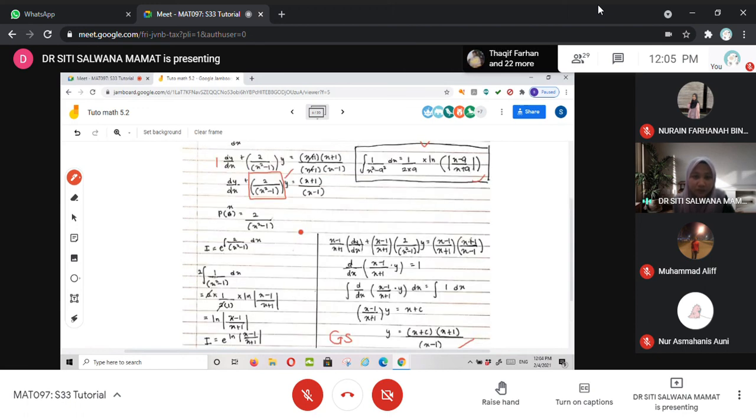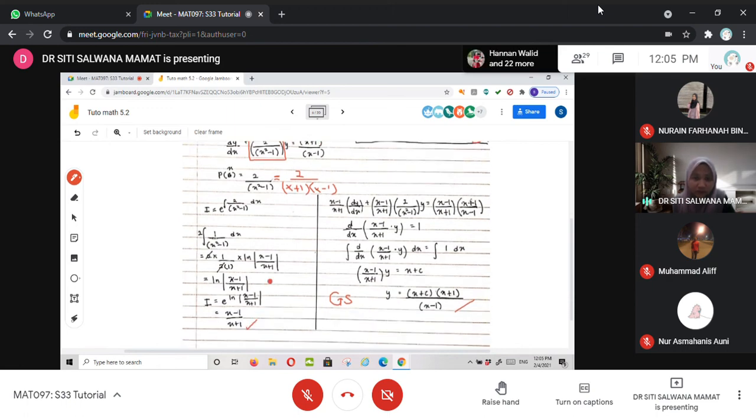So otherwise you pecahkan lah, banyak student yang pecahkan this, dia akan dapat 2 over x minus 1 dengan x plus 1. This part kan? Actually it is equal to 2 over x plus 1. Yang ni lah, you ada x minus 1. So you settlekan this.